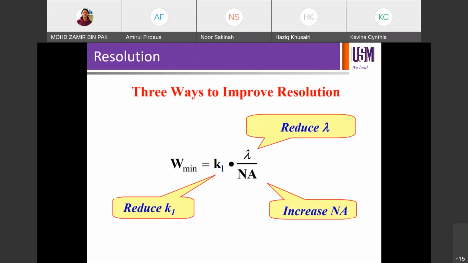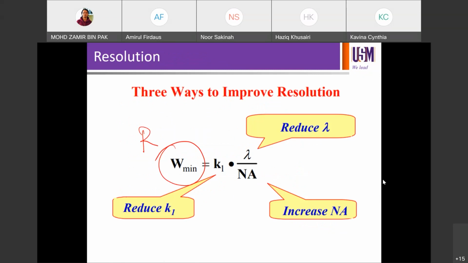Right. So let's have a look at resolution. Tadi Juharia ada bagi definition. This W min can also be replaced by R. So let's look at the definition just now. Juharia tulis tadi: minimum feature dimension that can be transferred with high fidelity to a resist film on semiconductor wafer.